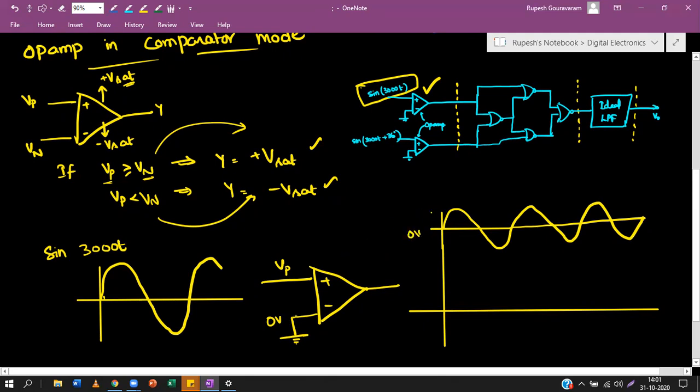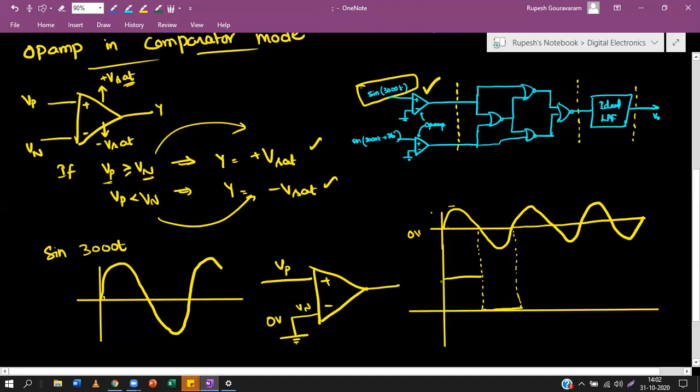The other side of the signal is connected to VN. If VP is greater than 0, until the point up to which VP is greater than VN, it will be a plus VSAT value. If VP is less than VN in this case, then it should be minus VSAT value.